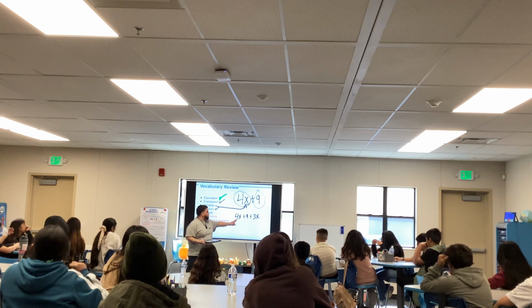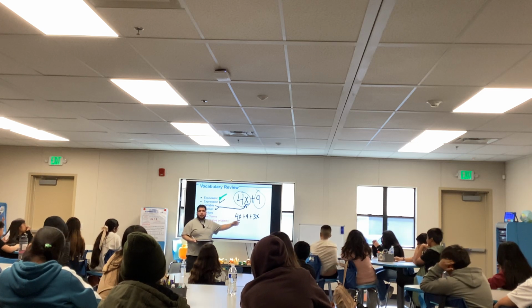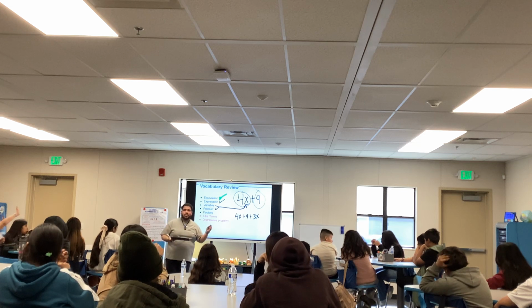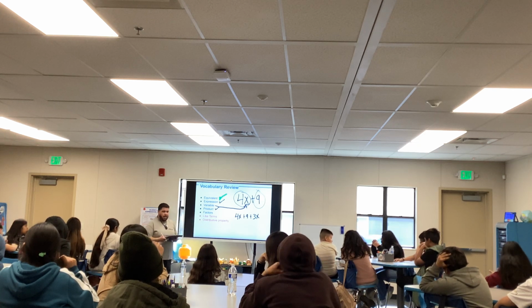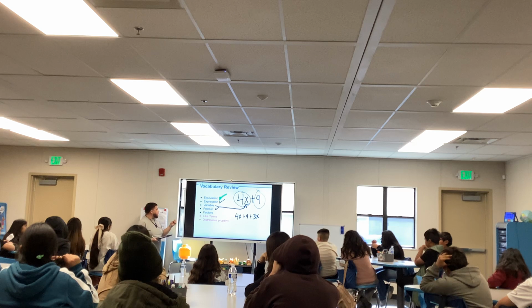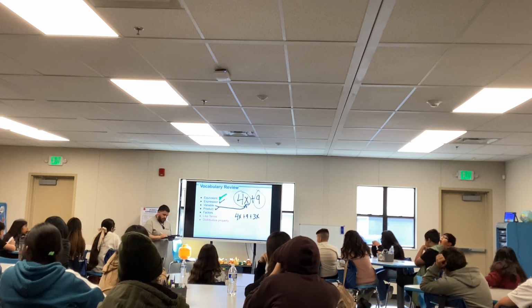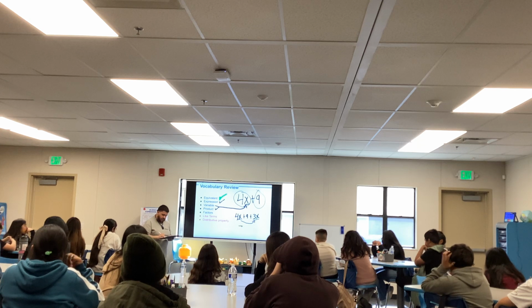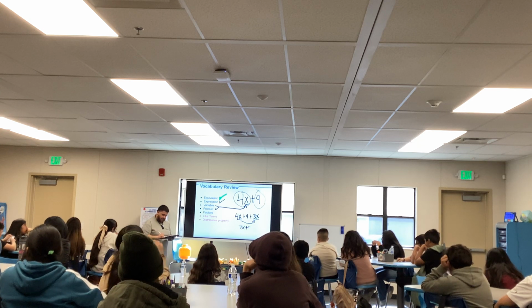Yeah. Which ones? So I can combine those terms. What is 4x plus 3x? 7x, right? All we're doing is combining it. So I combine this with this, and it becomes 7x plus 9.